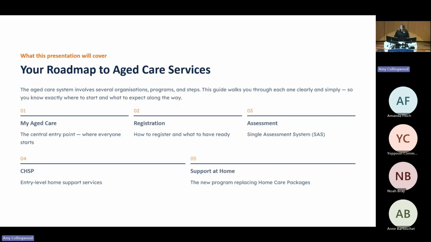We'll then move across to the assessment, which used to be called either a RAS assessment or an ACAT assessment. It is now called the single assessment system. We'll have a quick chat about what CHSP services are available, which is actually the Commonwealth Home Support Program, and then we'll lightly touch on Support at Home, which is our former home care package program.